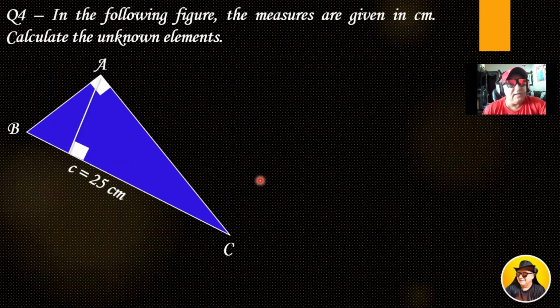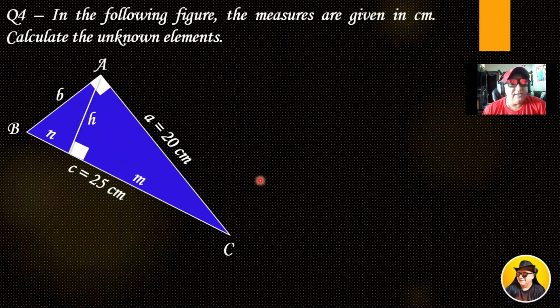C, which is the hypotenuse, is 25 centimeters. One leg A is 20 centimeters. We don't know leg B. We don't know projection M. We don't know projection N. And we don't know the altitude. So we have to calculate B, H, M, and N.